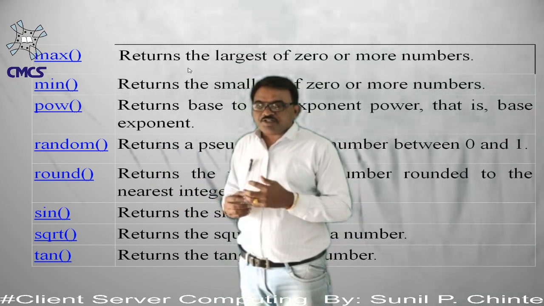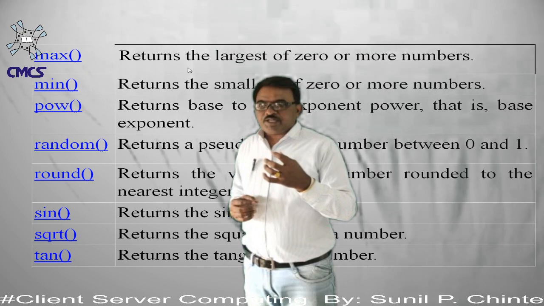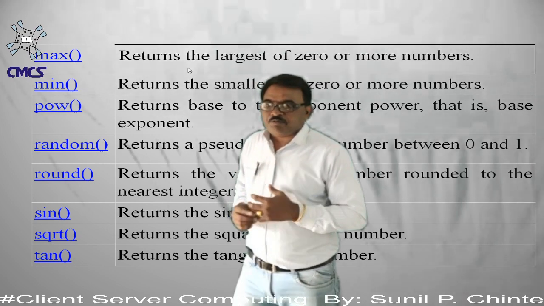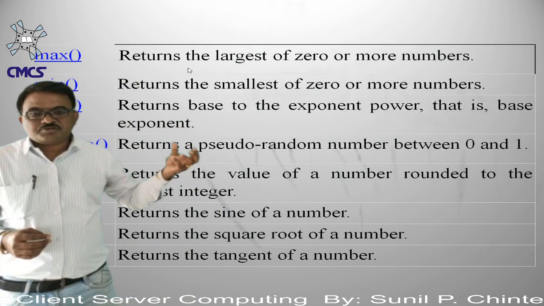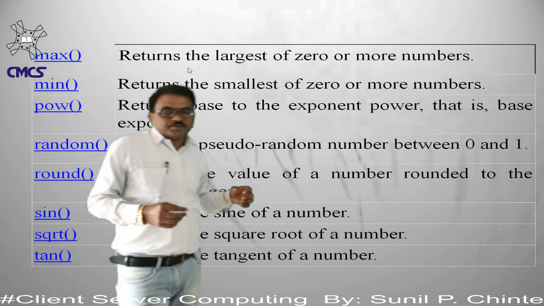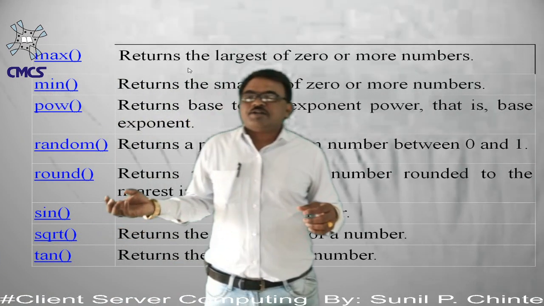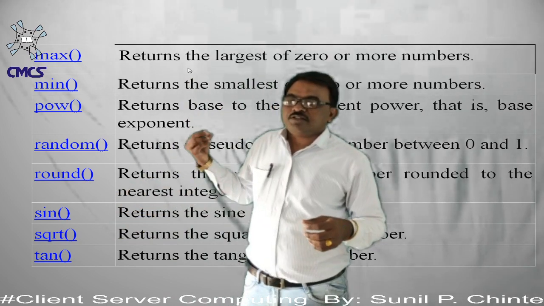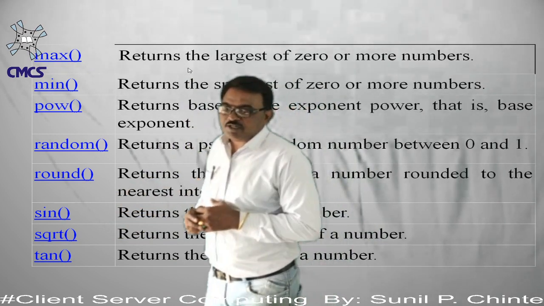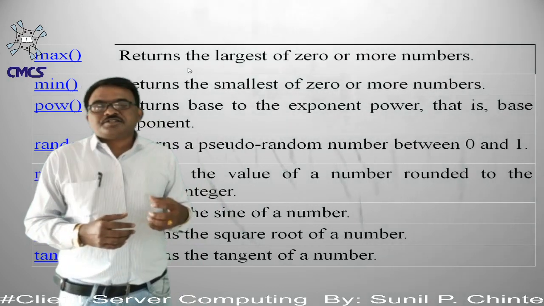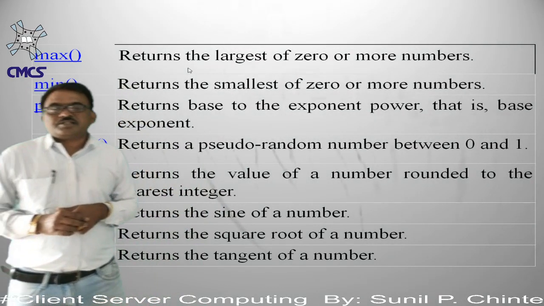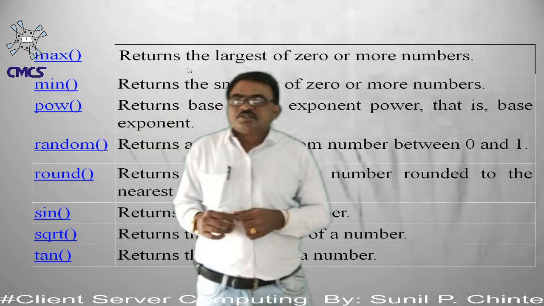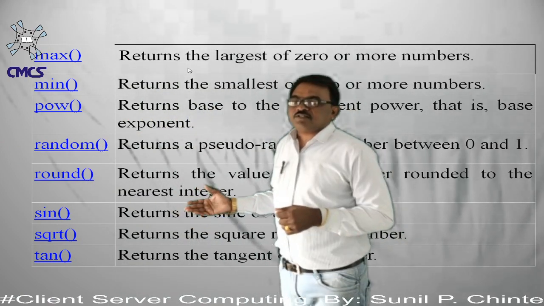Pow will return the power, means it returns the base to the exponent power, that is base exponent, means it will return the power value. Random will generate random numbers. Round will return the value of a number rounded to the nearest integer. Similarly, sin will return the sine value.